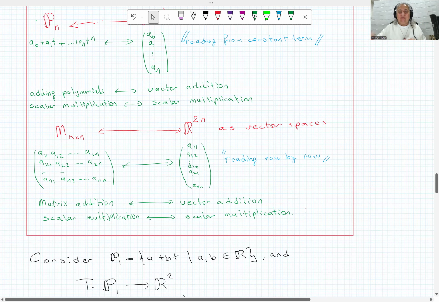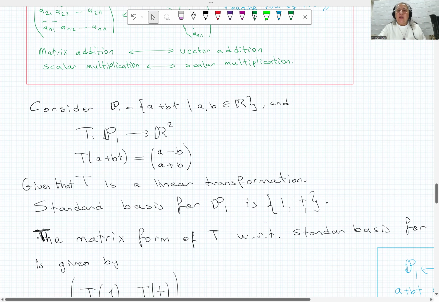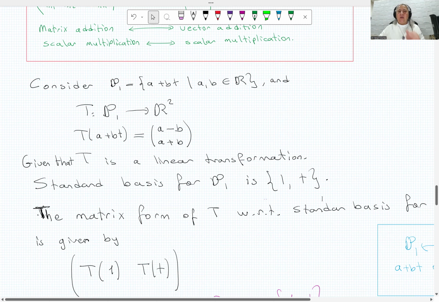No problem. Okay, the question that I would like to do is this: we have P1, the polynomials of degree one, linear polynomials, going to the R2 space and given by this rule. The rule says if you have a polynomial a plus bt, the first component will be a minus b and the second component will be a plus b.